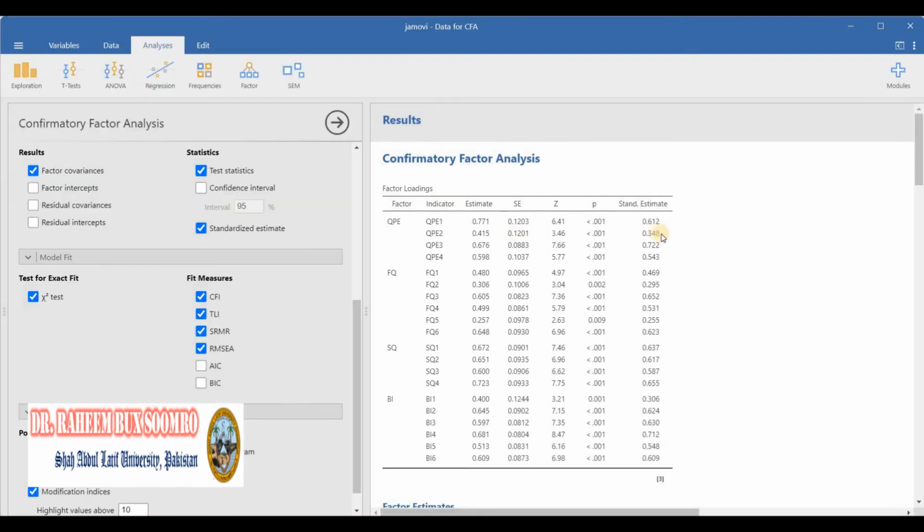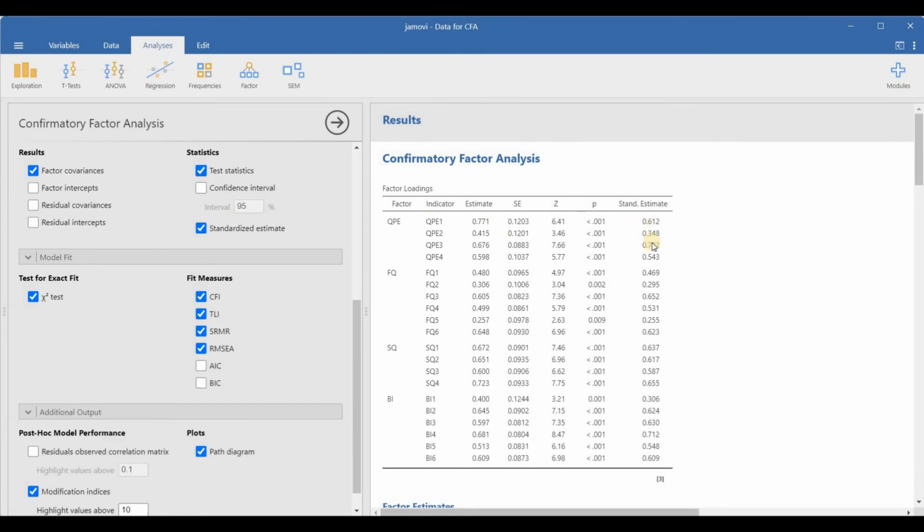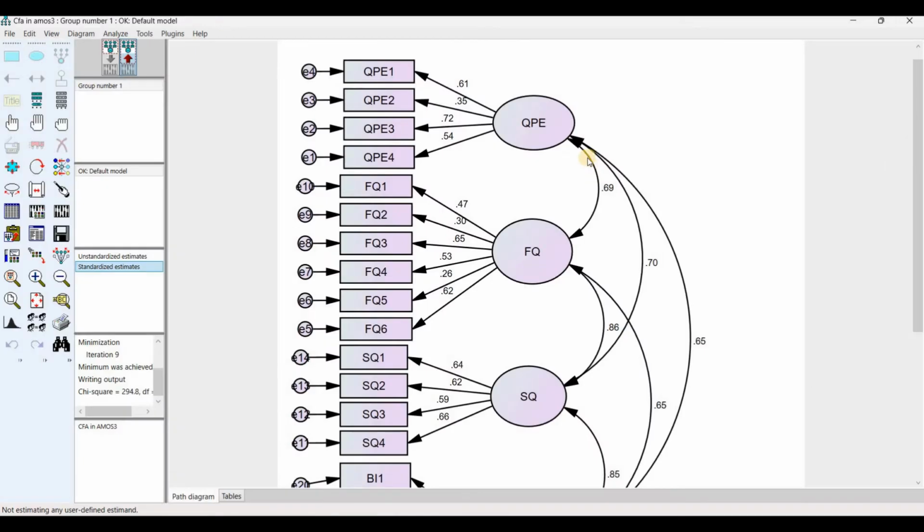If you compare these, you're looking here: QPE 0.61, 0.34, 0.72, and 0.54. Exactly the same values you are looking at here. Some dissimilarities are there because the values are in decimals, but otherwise the values are the same. Then this is the correlation value between QPE and FQ, 0.69.